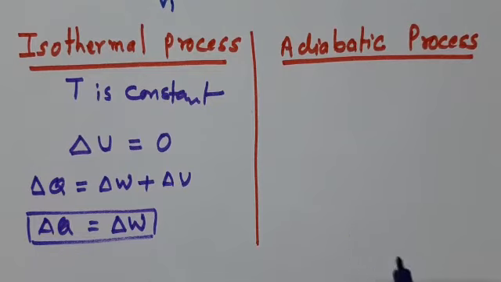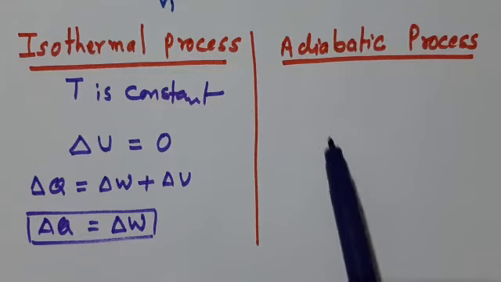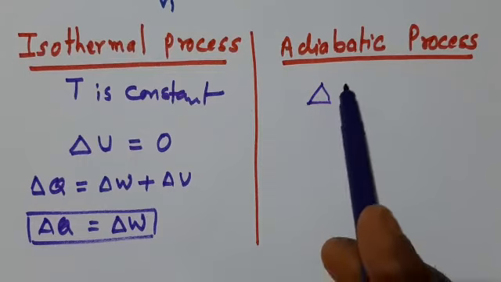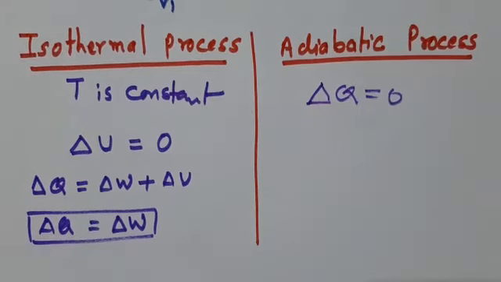Now, adiabatic process. In adiabatic process, the amount of heat of the system does not change. It means delta Q equal to 0.